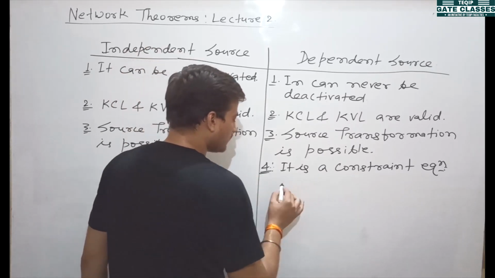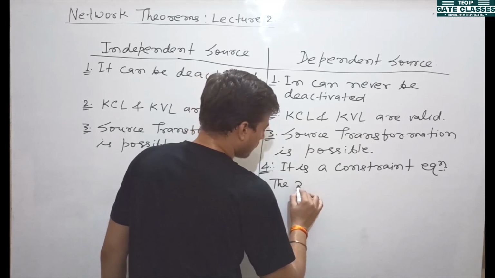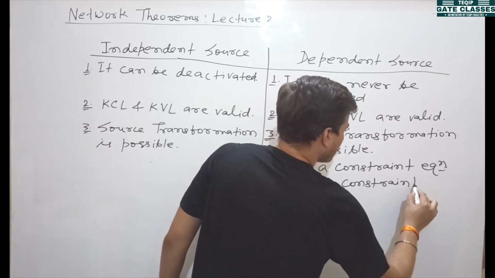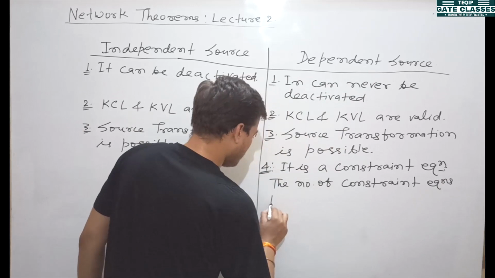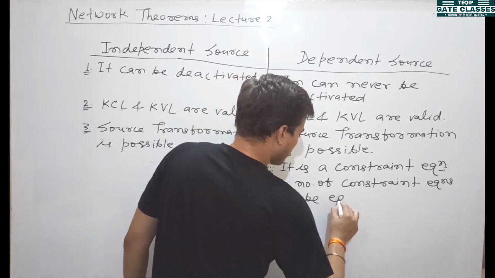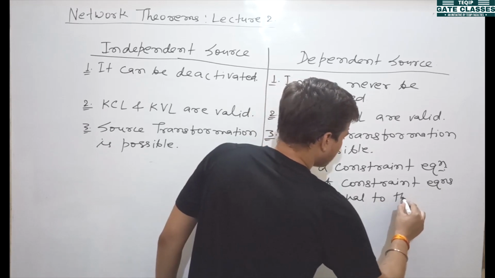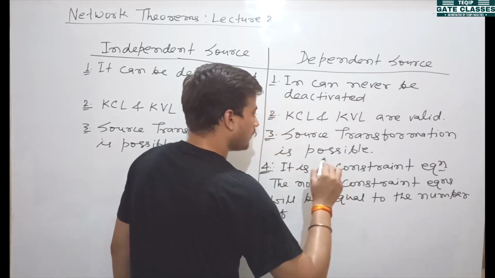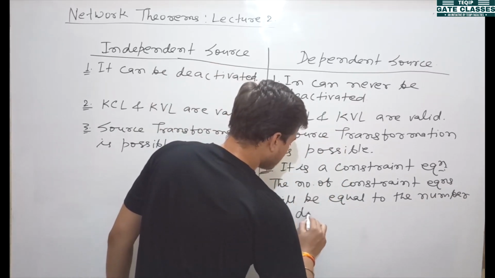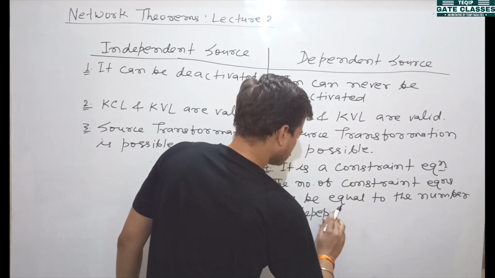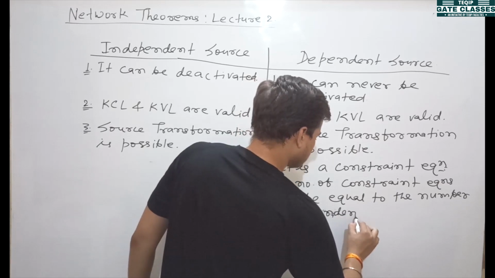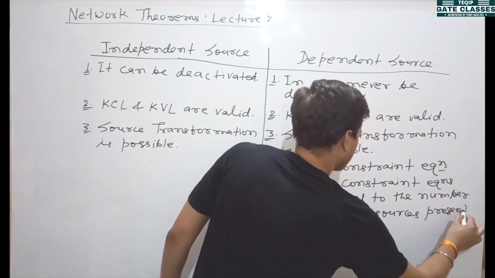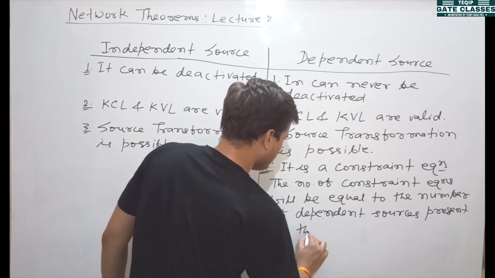It is also saying that the number of constraint equations will be equal to the number of dependent sources present in the network.